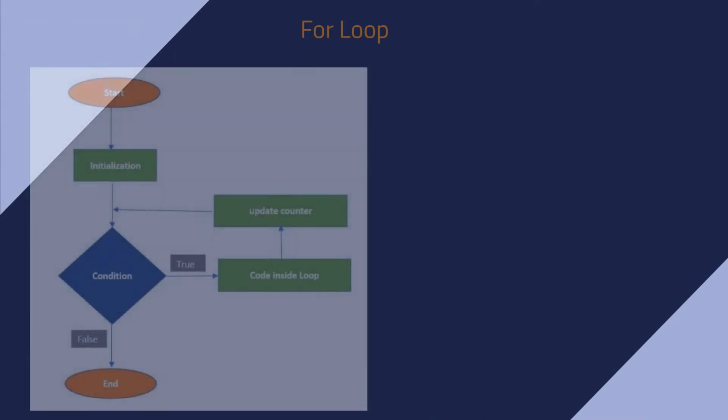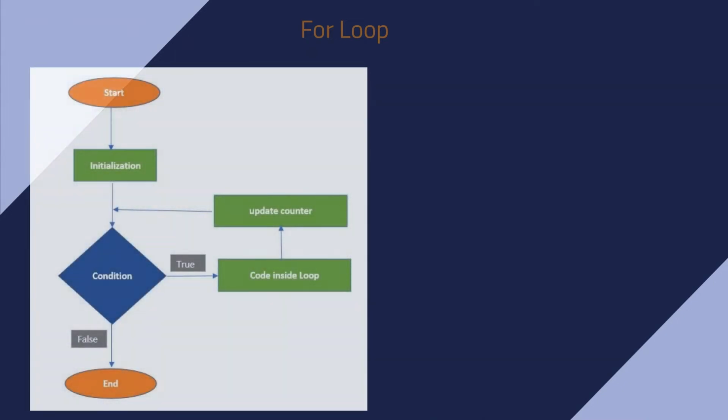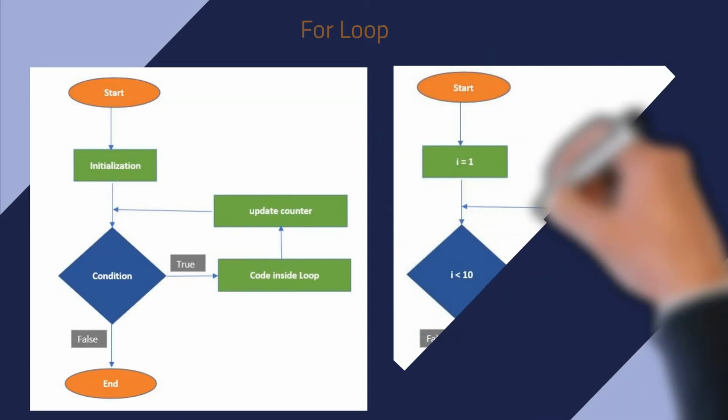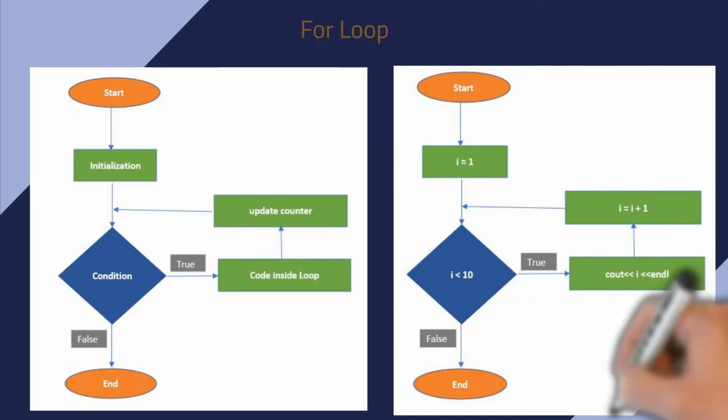We can see the same as part of a flow chart where we have the initialization, condition, code, and the update sections. Let's see it through an example. i is initialized as 1. The condition is checked: i < 10, which evaluates to true.